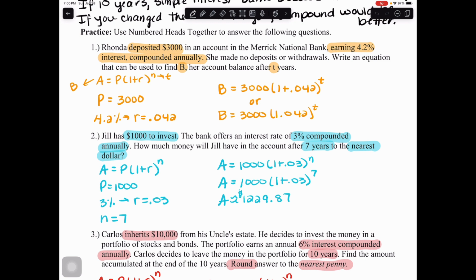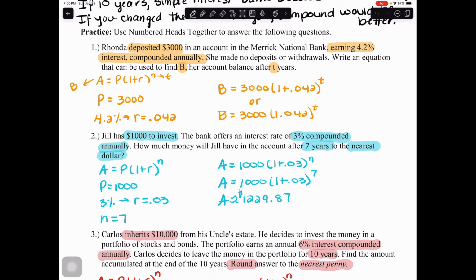In number 2, Jill has $1,000 to invest. It's a 3% compounded annually rate. I want to know how much money she will actually have in the account after 7 years. So here, principal amount is 1,000. 3% would be 0.03, and I'm actually finding a value at year 7.